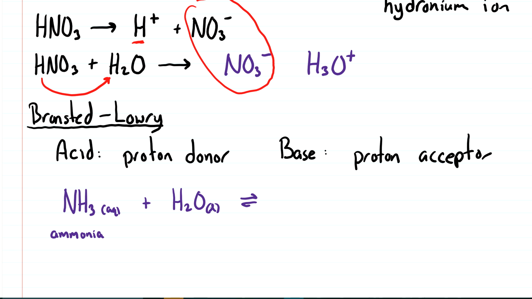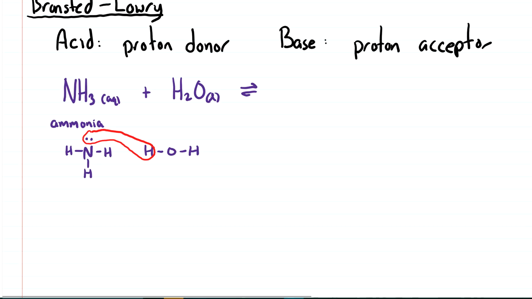Now, if you look at the Lewis dot diagram for ammonia, we have a lone pair of electrons up on top. If we put that next to water, the attraction for these electrons is strong enough that it is able to pull a hydrogen off of the water molecule.